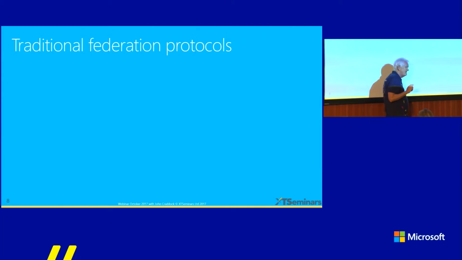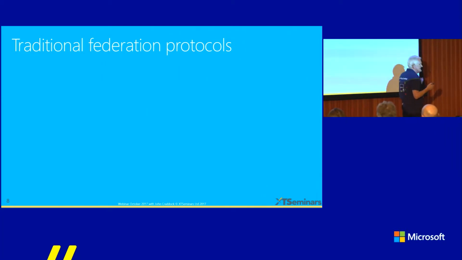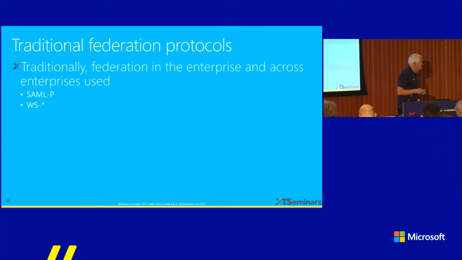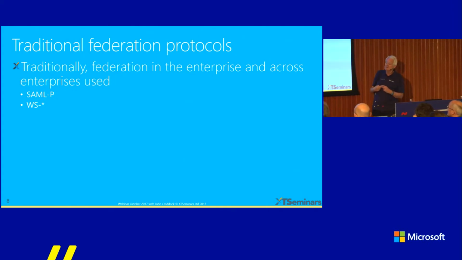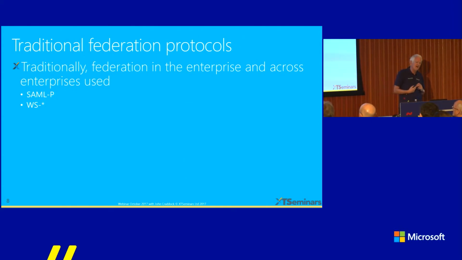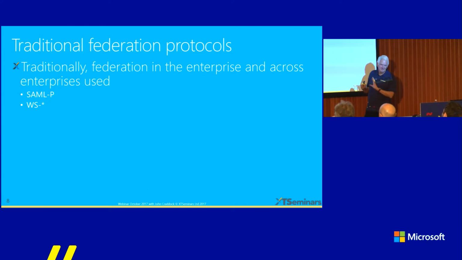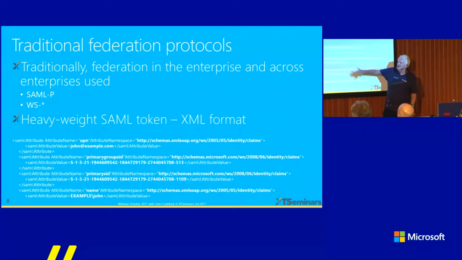Protocols are very, very important. How do we transport these tokens around? Well, traditional protocols were SAML-P and WS-star, and Microsoft particularly championed WS-Federation and WS-Trust. These work fine. However, they use a very heavyweight XML token.